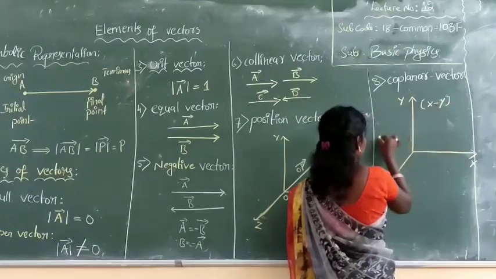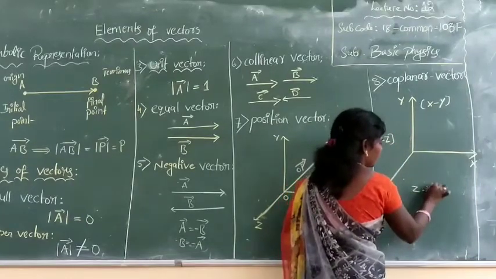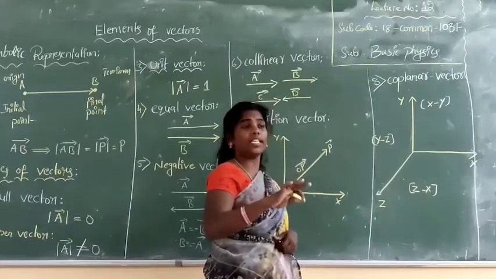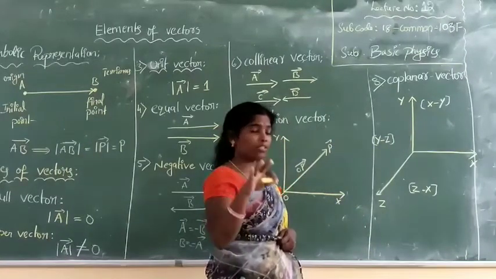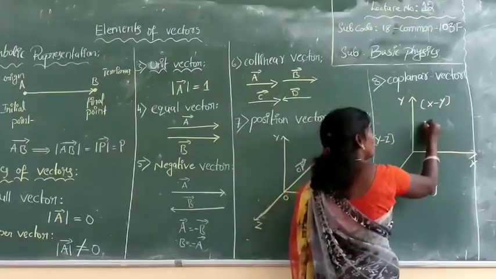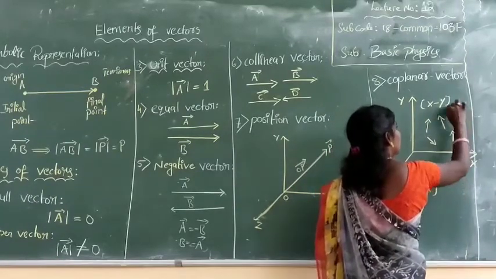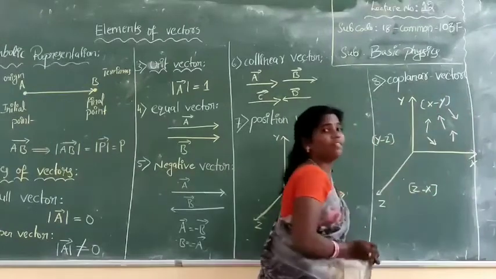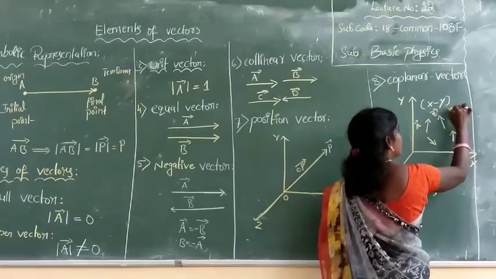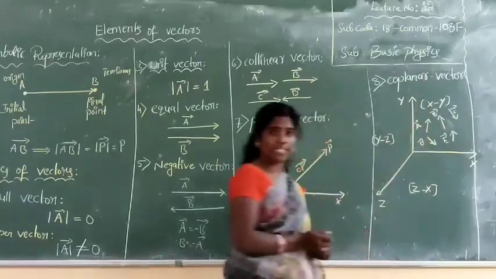XY plane. This is the YZ plane. This is the ZX plane. Vectors in any one plane, irrespective of magnitudes and directions, are called coplanar vectors. So A, B, C, D, E vectors are coplanar vectors.